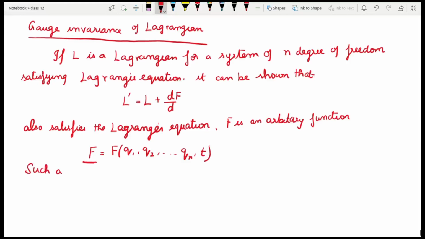Such a function f is called a gauge function for the Lagrangian.